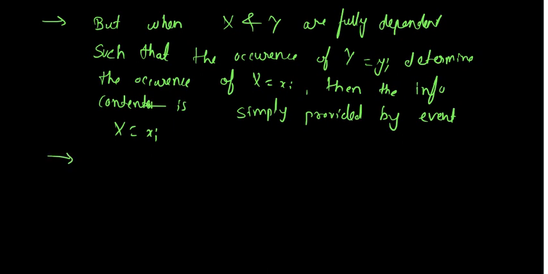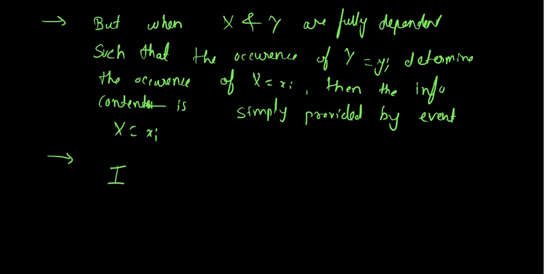So we want some mathematical formula for how much dependency there is between x and y, obviously in terms of information, right? So the information content provided by the event y equals yj about the event x equals xi can be defined as follows.